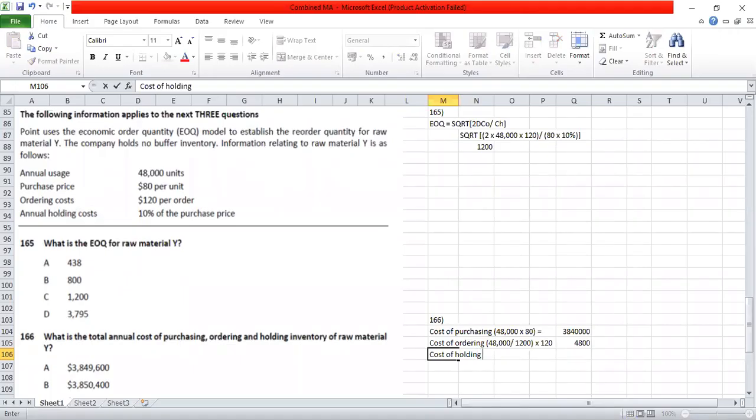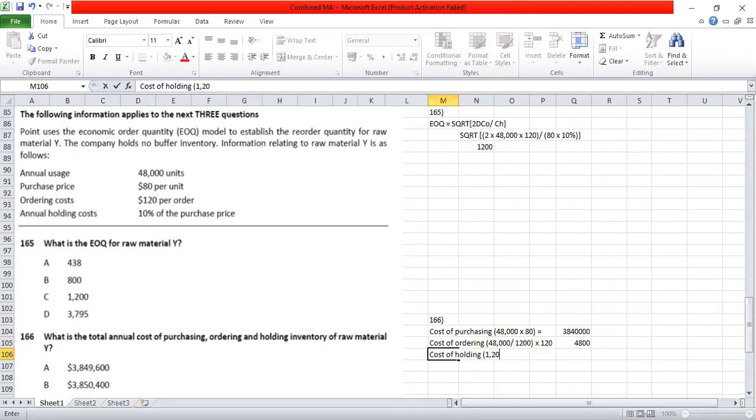Next, we have the cost of holding. Every time they purchase, they would be purchasing 1,200. So holding cost is always calculated on an average, that is beginning, which is 0, plus 1,200 every time they purchase. So maximum what they would be storing in the storage department will be 1,200. So holding cost should always be on an average.